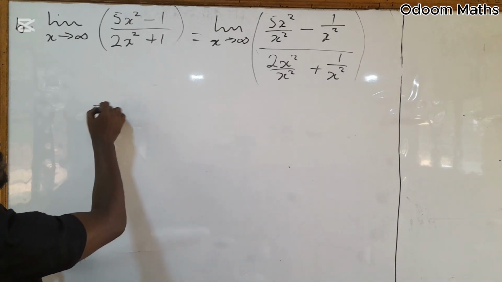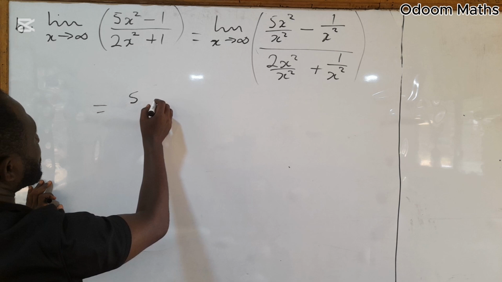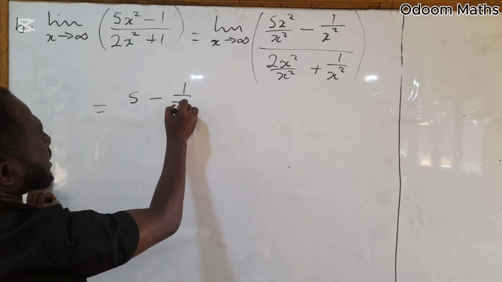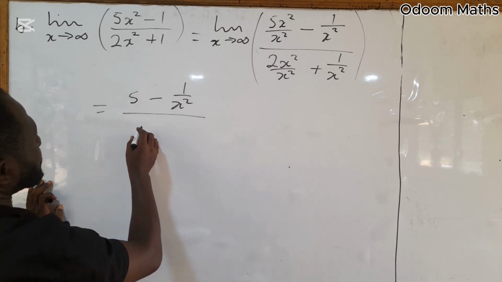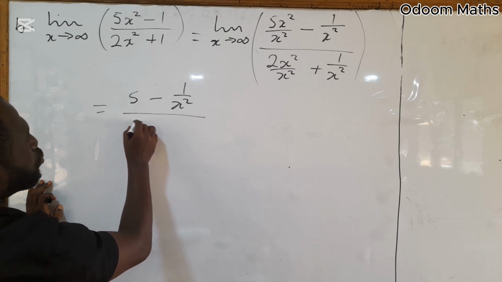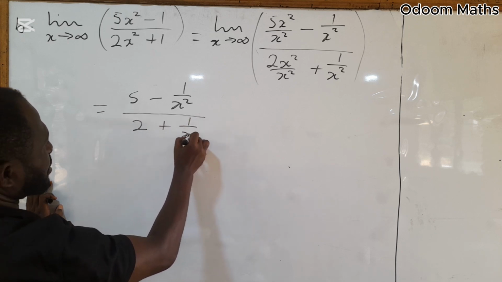Okay, so this is going to be 5 minus 1 over x squared all over 2 plus 1 over x squared.